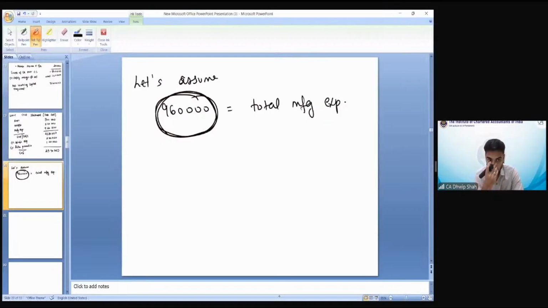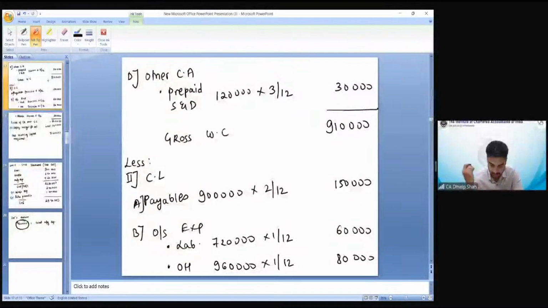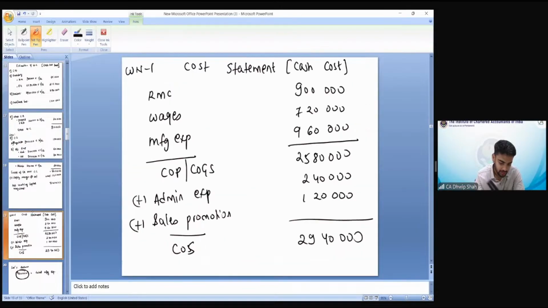So now let's move. Before moving to the next topic, do you have any doubts in this question? Speak up. Any queries? Let's move ahead to the next topic, the next concept.